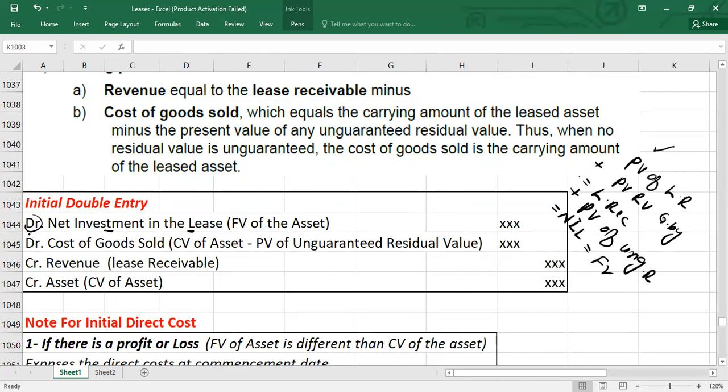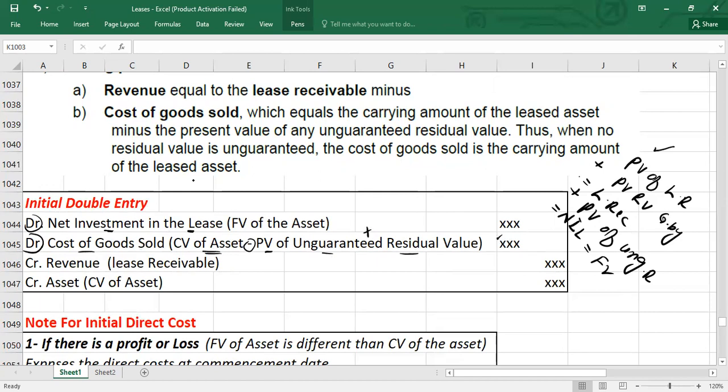Now guys, you also have to debit the cost of goods sold. For the cost of goods sold we always use the carrying value of the asset minus the present value of unguaranteed residual value. If the present value of unguaranteed residual value is not given, your cost of goods sold will be equal to the carrying value of the asset.